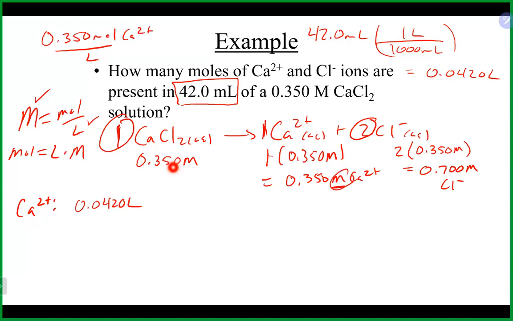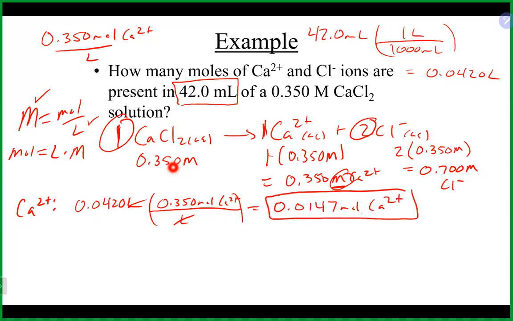Again, that's what the big M represents. You do more of a dimensional analysis approach here: 0.350 moles per liter of our calcium ion. The liters cancel, and that gets us 0.0420 times 0.35, which is 0.0147 moles of calcium floating around in that solution.